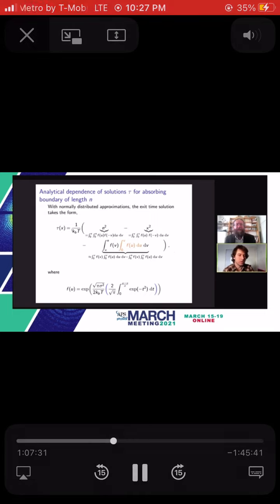The analytical solution for the initial value problem takes the form of the inverse of the Boltzmann constant times the temperature multiplied by an n squared term, an x squared term, and this double integral term, where we approximate the orange term with a trapezoidal sum, and where in each part of the solution, the function f that we're integrating against is an exponential whose power, which is a prefactor to the error function here, is dependent on the variance of the distribution and inversely proportional to the Boltzmann constant and the temperature.